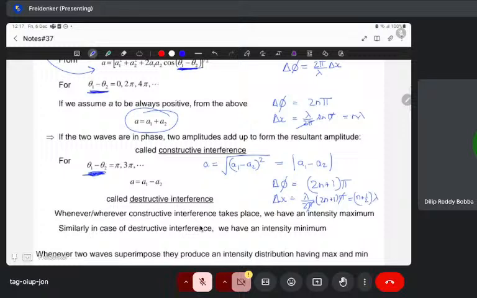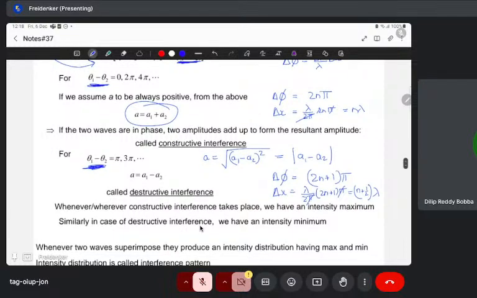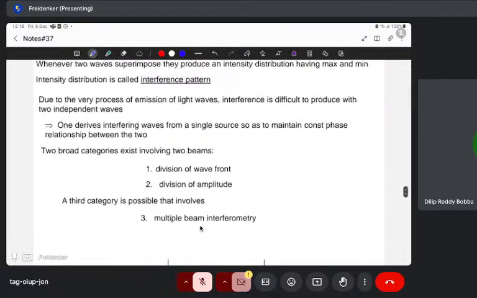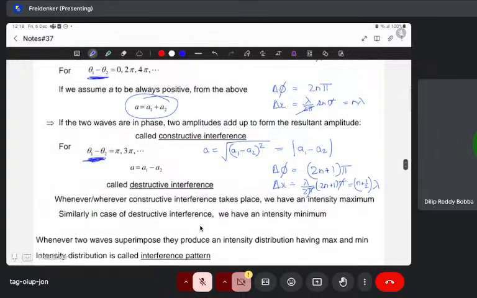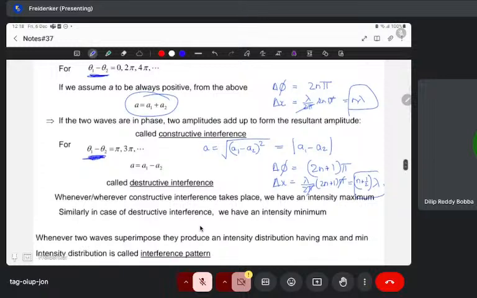So this is like odd multiples of lambda by 2 to get destructive interference. They'll write it later probably.